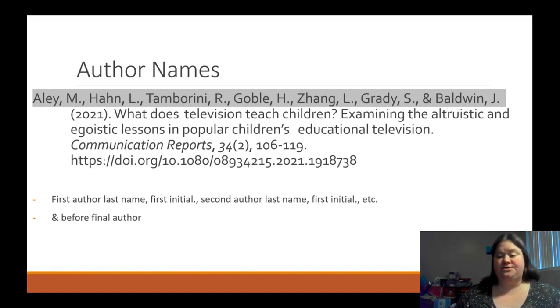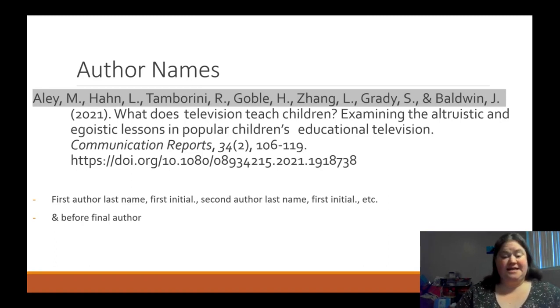That belongs there. Do not write out the word and. That is not APA correct. You are not likely to run into a lot of issues where there are 60 or so authors. For the most part, you will be able to include all of the authors in the citation, unless it is an extreme amount, which we'll talk about in a little bit.